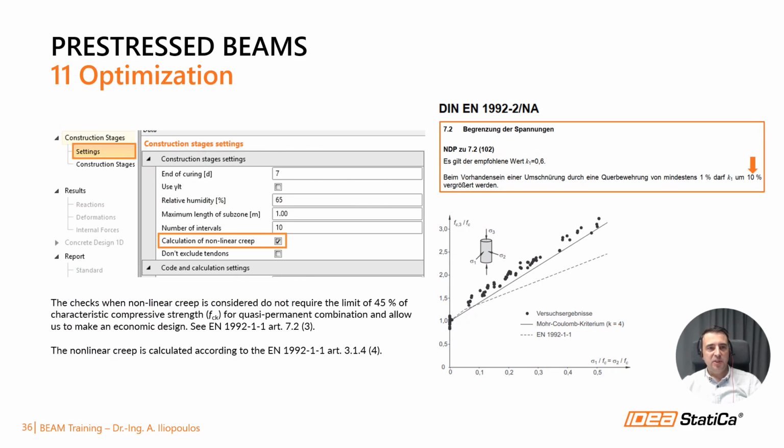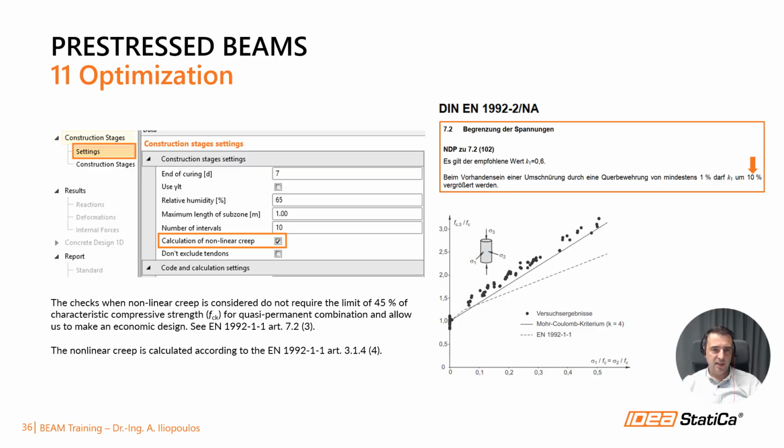If the compression in concrete is exceeded, we may have to input a higher grade of concrete, or we have to change the dimensions of the cross-section. Both of these options are quite unpleasant, and they increase the cost of the structure. There are some possibilities to optimize the structure in Beam, and the first one is we can include the calculation of nonlinear creep in case the stress limit for the quasi-permanent load combination is exceeded.